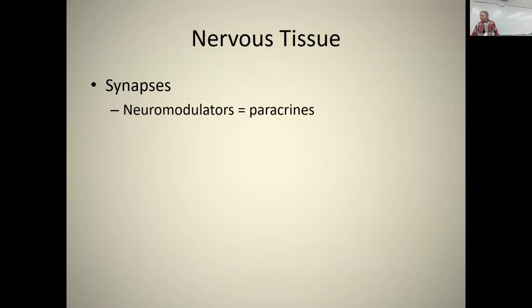Okay, then you have what are called neuromodulators. And these are usually peptides. They're like local hormones. And some of them are released by postsynaptic cell and get diffused back and affect the presynaptic cell, go in the opposite direction. It's called neuromodulation.